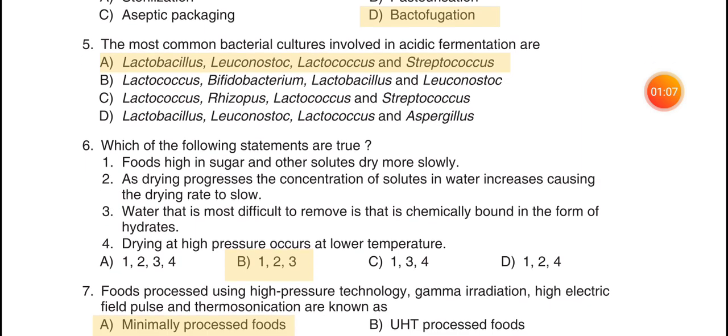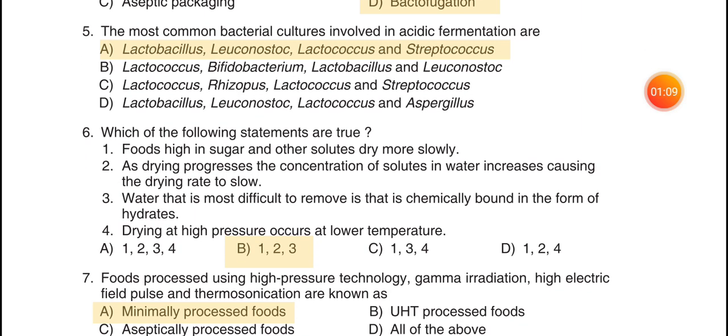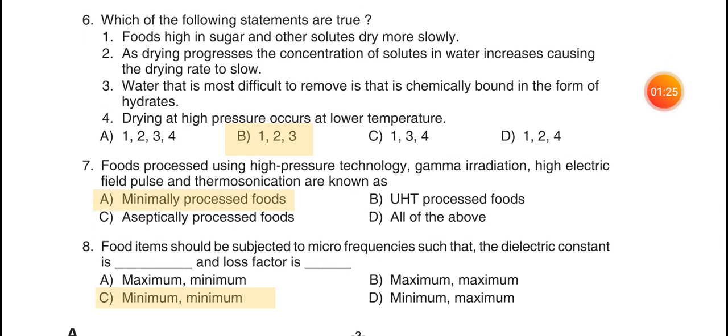Bacterifugation. 5. The most common bacterial cultures involved in acidic fermentation are A. Lactobacillus, Leuconostoc, Lactococcus and Streptococcus. 6. Which of the following statements are true? 1.